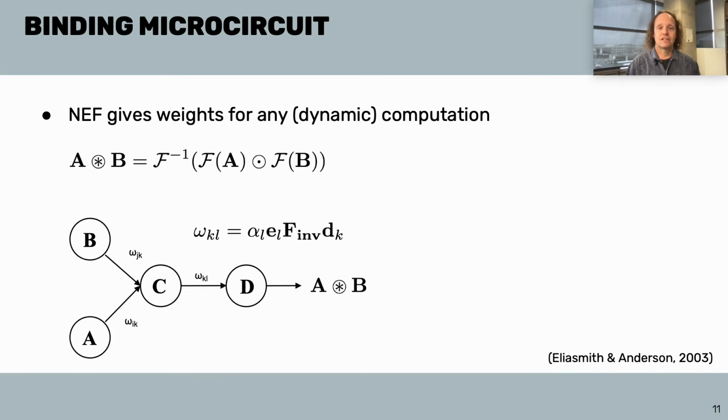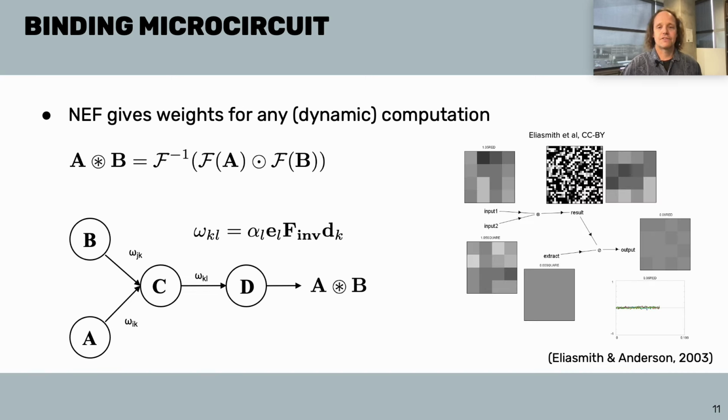Now, without going into any details, I think it's instructive to see this in operation. So on the right-hand side here, we've got a neural circuit. And in fact, it's two binding circuits combined together. The first one on the top is going to bind the two inputs shown on the left in the boxes. And then the next binding microcircuit is going to do the inverse. It's going to do an unbinding. To understand what these boxes are showing, they're essentially vectors.